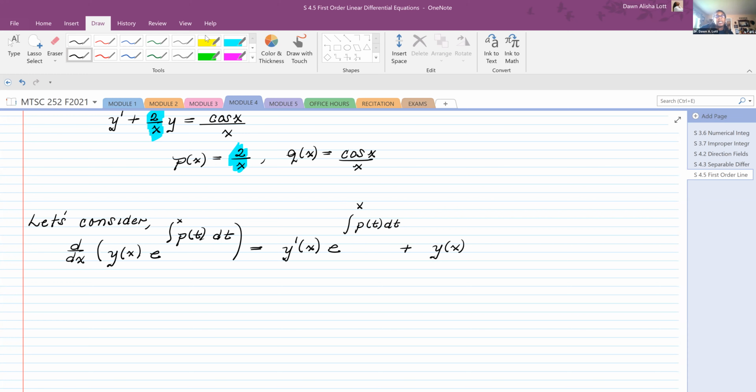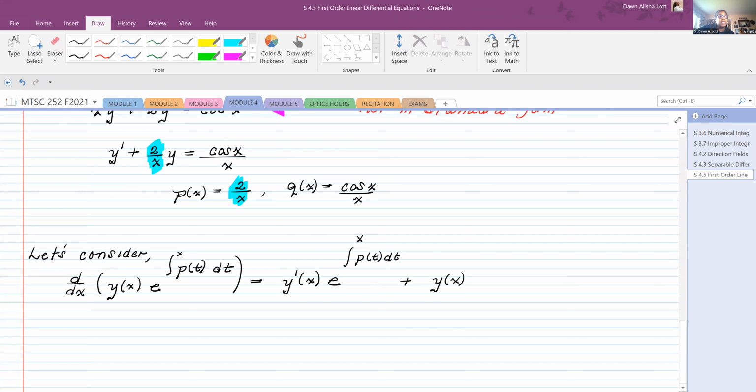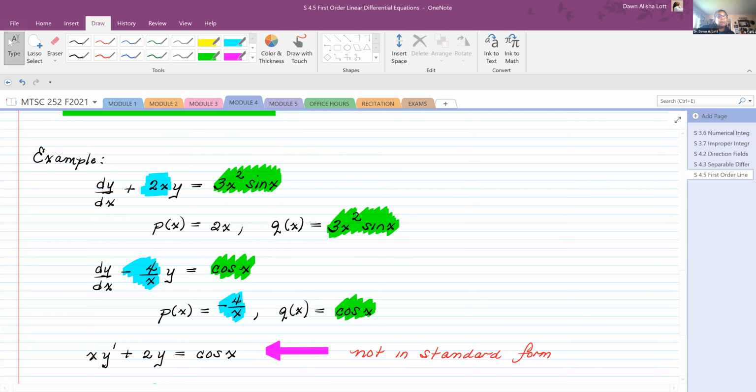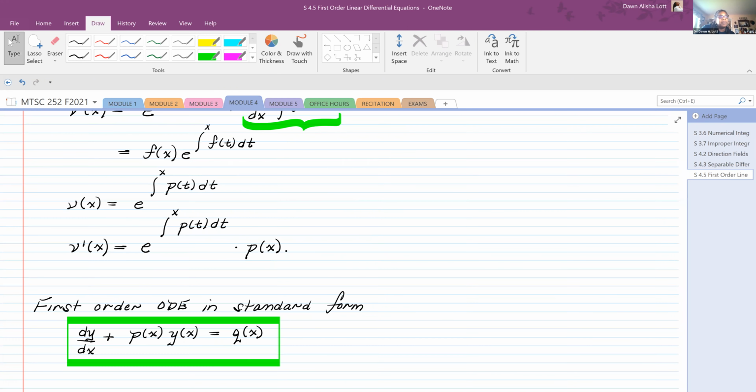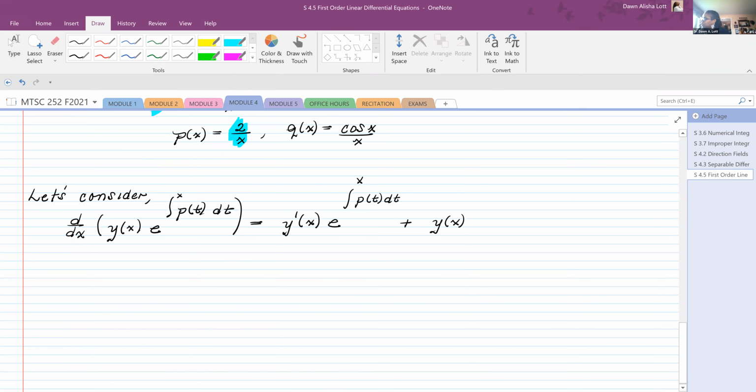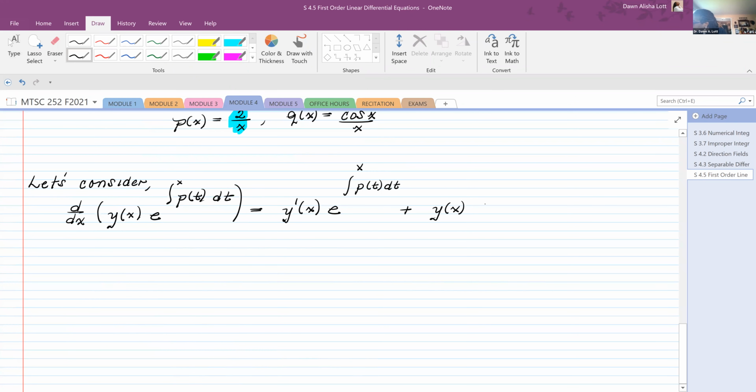We already said the derivative of e to the integral of p of t dt is just that integral times p of x. So I'm just going to get p of x times e to the integral of p of t dt.